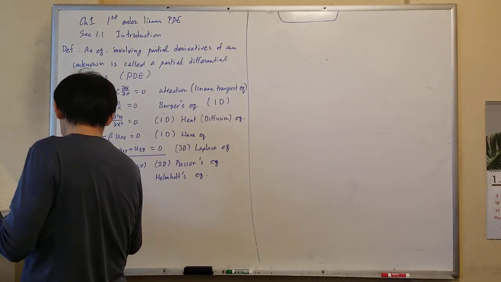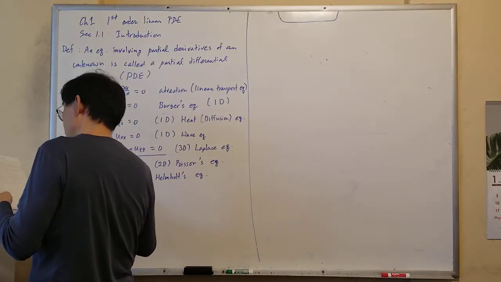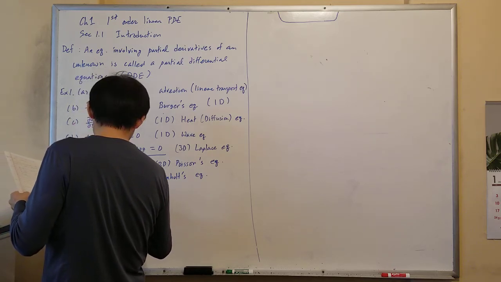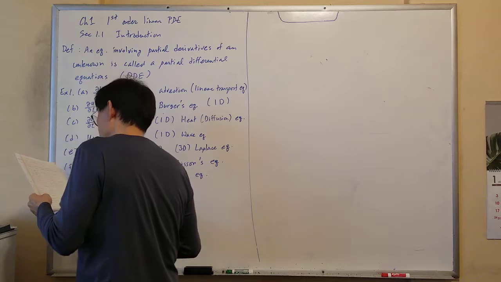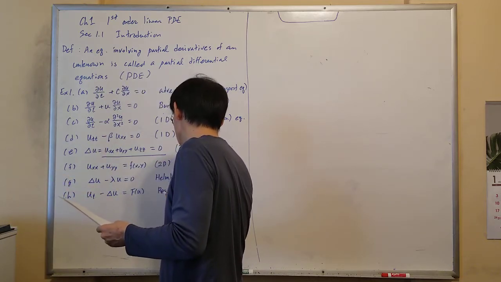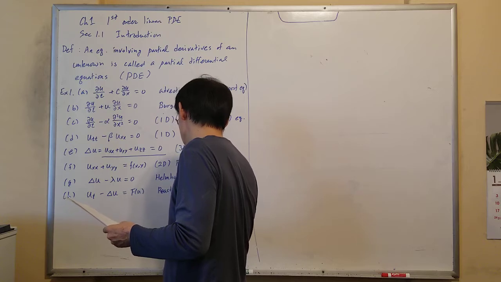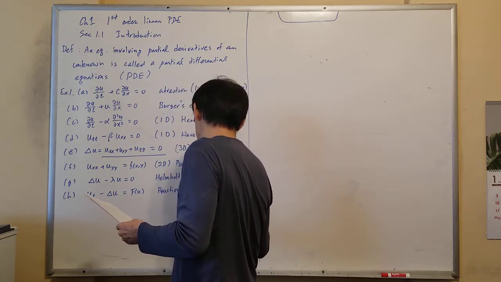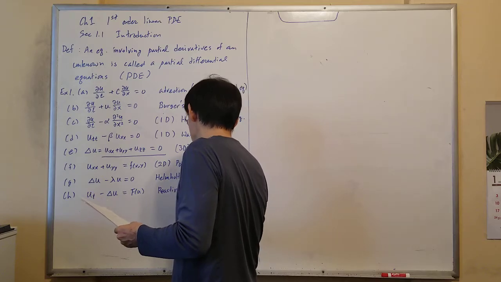H: u sub t minus Laplacian of u, minus f of u equals 0. We call it reaction diffusion equation.